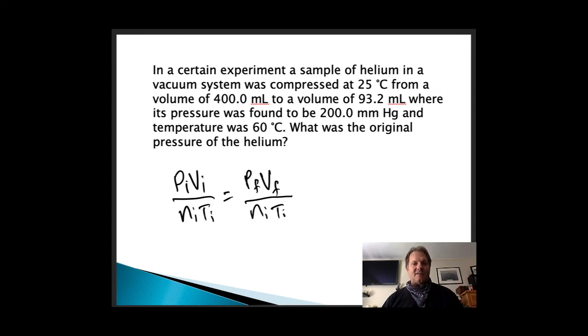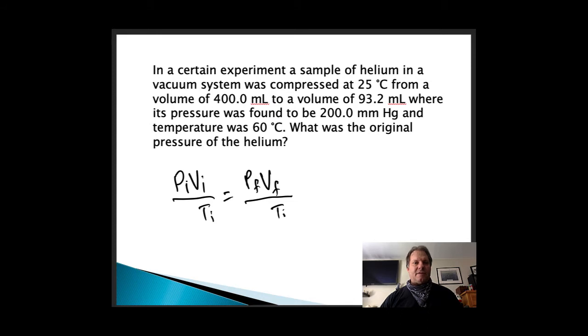Because if I have a constant on both sides, I could certainly eliminate it from the expression. So here's my temperature, I have volumes, I have temperatures. It doesn't look like the number of moles of gas is changing. I haven't added or removed gas in this. In other words, I can get rid of my N from this expression. I end up with PV over T equals PV over T.